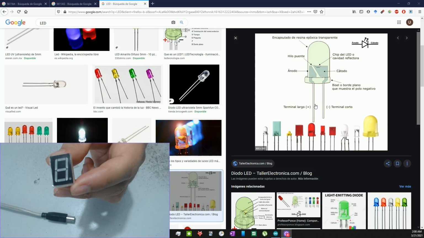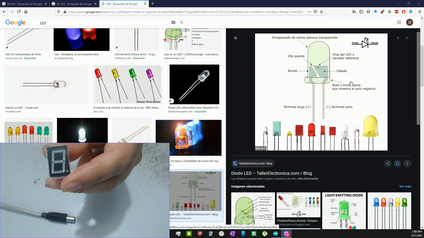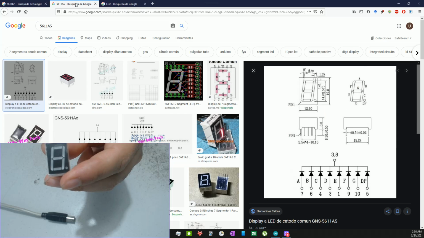We may be able to get all the negative connections together and then we call this common cathode 7 segment display because we got all the cathodes together, all the negative together.